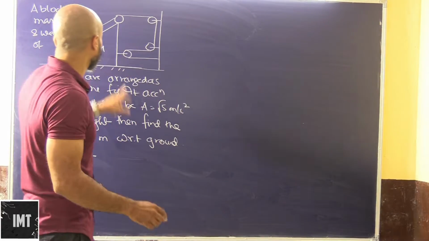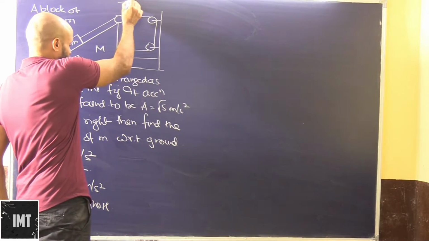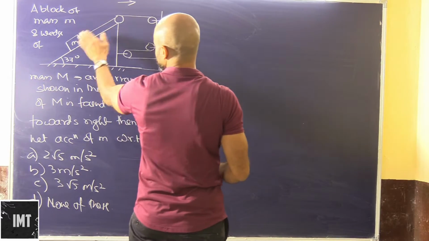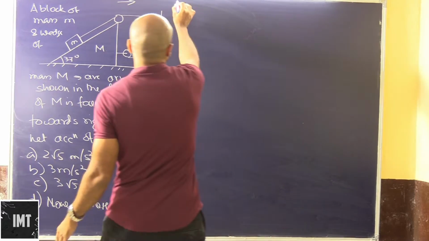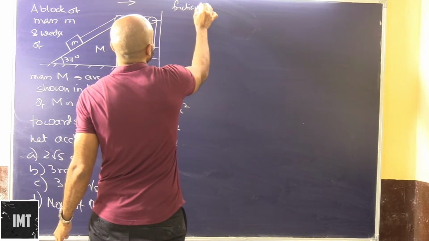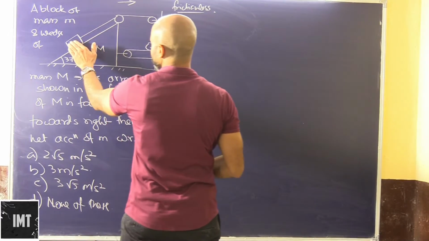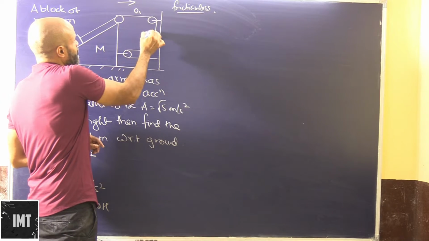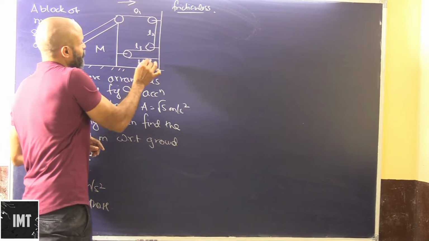Now let's look at it. The mass m is moving this side because this is getting pushed. All systems are frictionless. This is not mentioned here, but all systems are frictionless. So this is going down. Let's take this to be L1, L2, L3, L4, whatever.